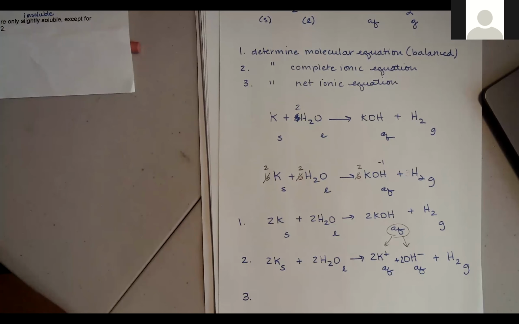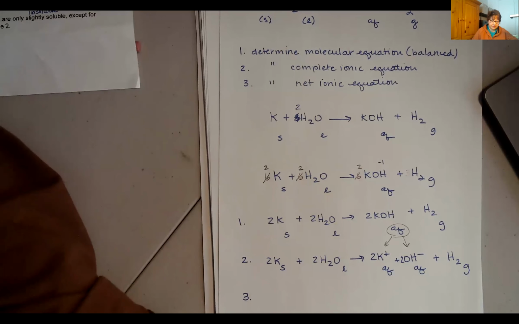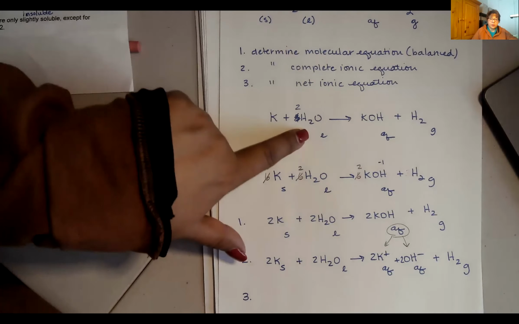Mrs. Weir, what's the difference between liquids and aqueous? Like, chemically? Aqueous kind of means it's mixed with water. So in other words, KOH is a solid and I put it in water. That's different from liquid water.